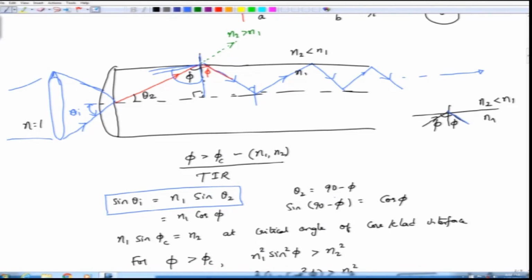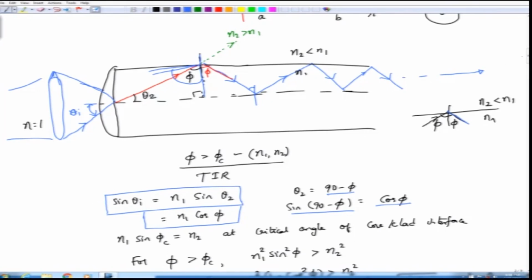I can use this expression for theta 2 in this equation. I know that sine of 90 minus any angle phi is cos phi. So, in place of n1 sin theta 2, I can write the right hand side as n1 cos phi. The left hand side is sin theta I. You might ask what happened to the refractive index of air. Well, the refractive index of air is just equal to 1, therefore I did not show it explicitly.